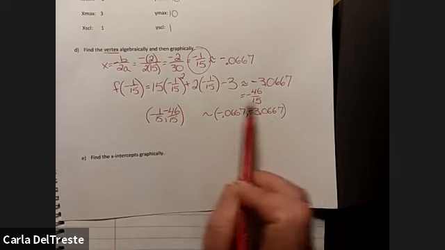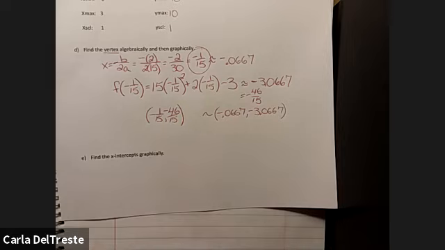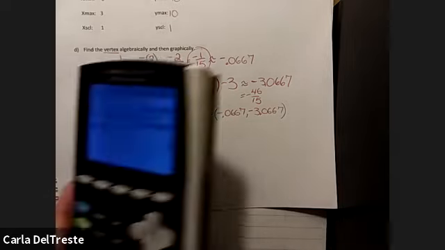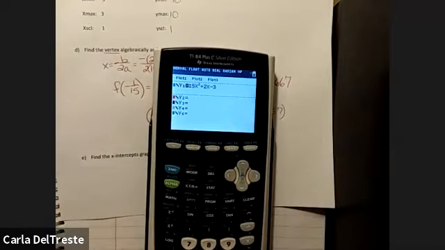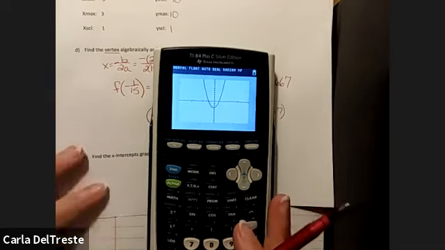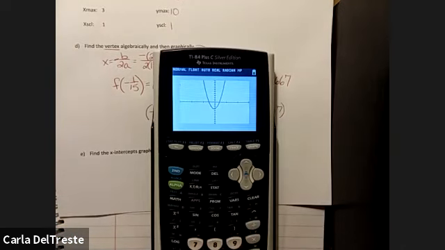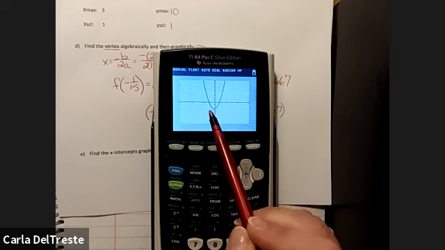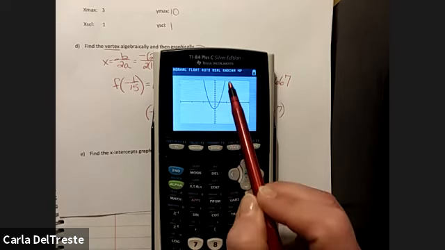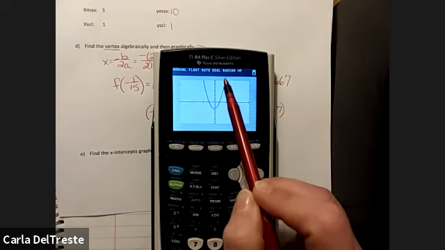Now I want to verify this graphically. So I'm going to go back to the graphing calculator and back to the graph of the function. I want to find the vertex. Well, the vertex is the turning point. In this case, it's the minimum because it's the lowest point of the graph since it's face up.